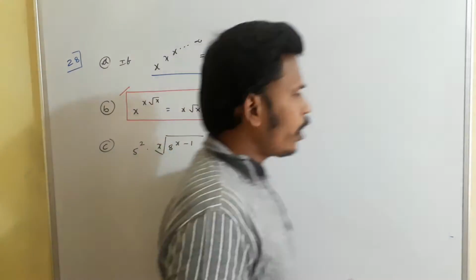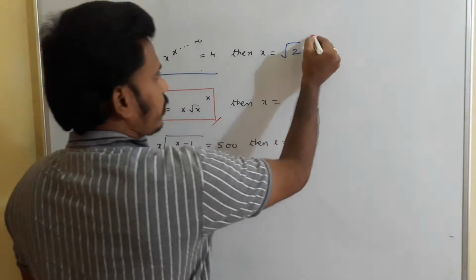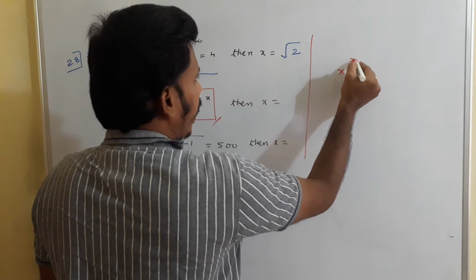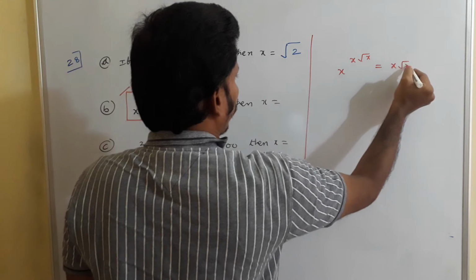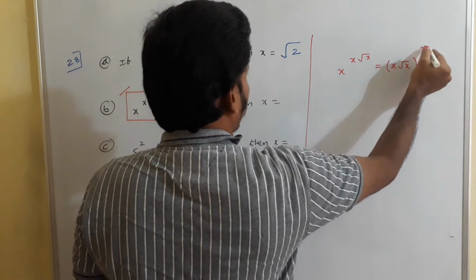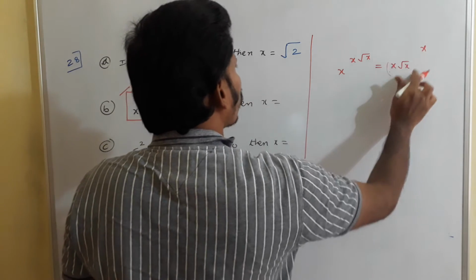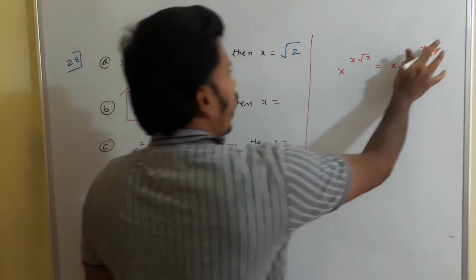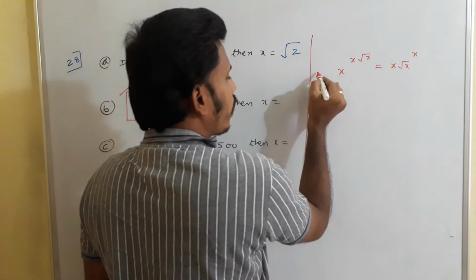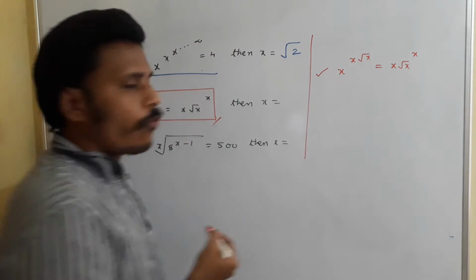First, think about the problem: x power x root x is equal to x root x to the power x. Actually the bracket is not involved, so no need. Our target is to find the value of x.